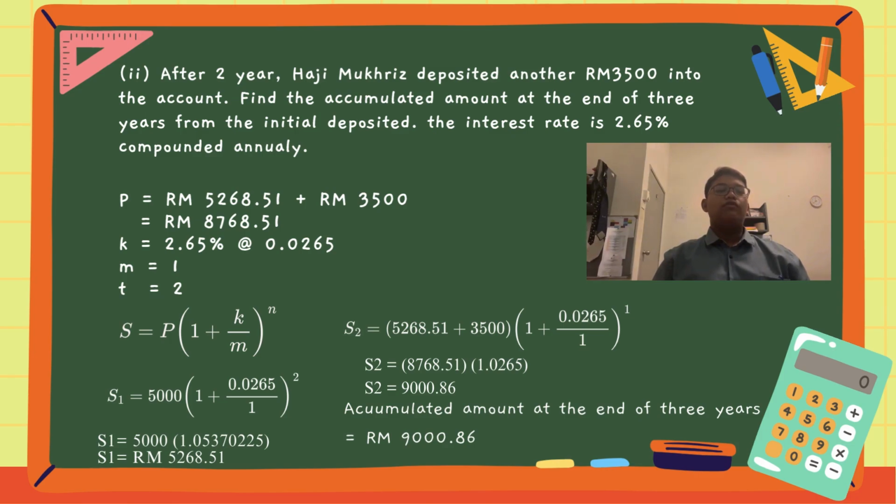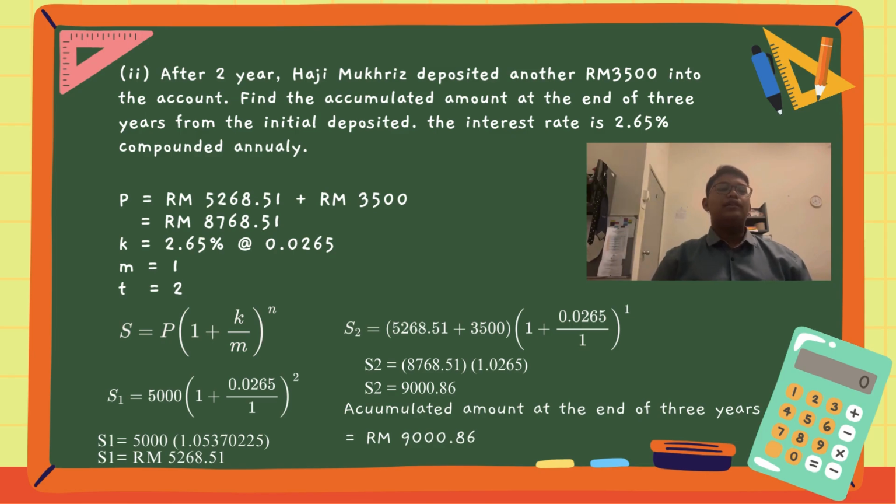P equals to 5,268 ringgit 51 cent plus RM3,500, and we get RM8,768 ringgit 51 cent. K is 2.65% and we convert to 0.0265. M is 1 and T is 2.